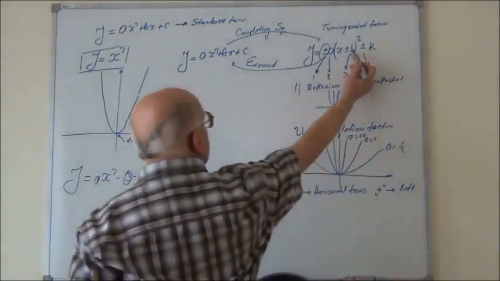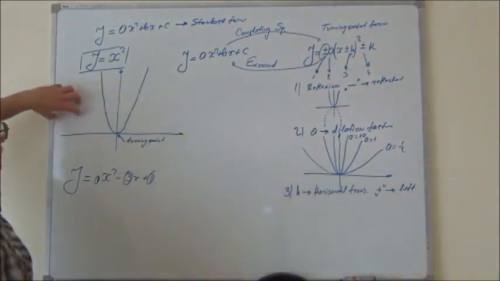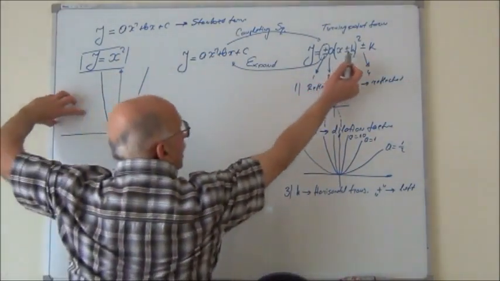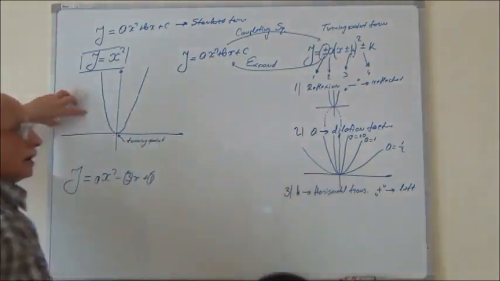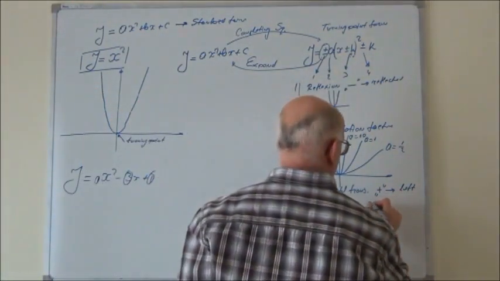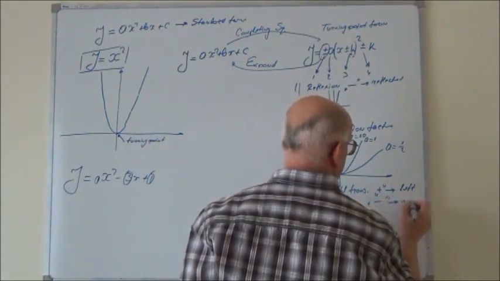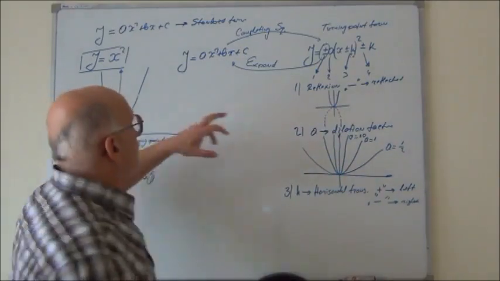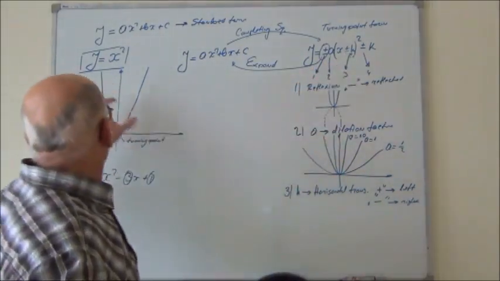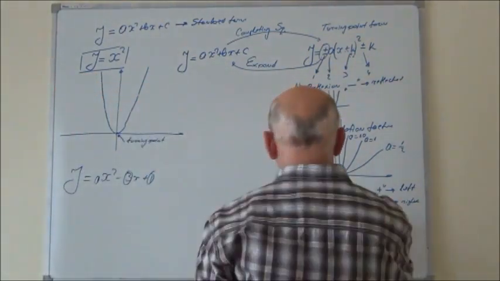So if in this form we have plus, then the graph will go this way for that many units as h is. And of course, if minus, then the graph will go to the right. So if we have minus here, then the graph will go that way.